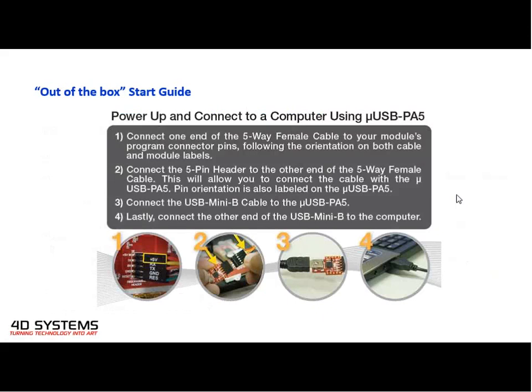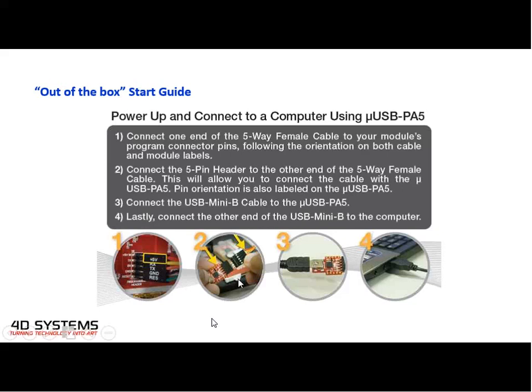step one, you have to connect one end of the 5-way cable to your module programming connector, following the orientation on both cable and module. Make sure that these labels correspond to the labels on the board, except of course RX and TX, which are interchanged, and the ground to ground, the reset to the reset.